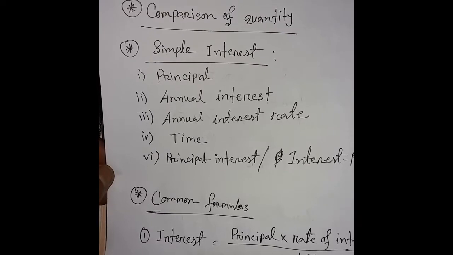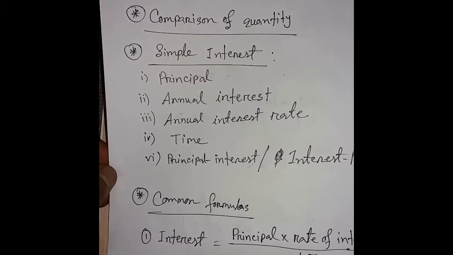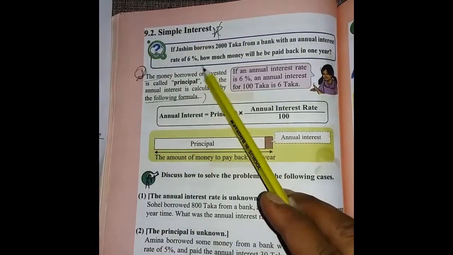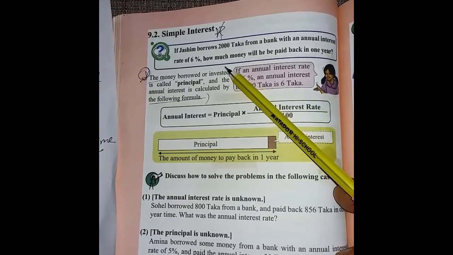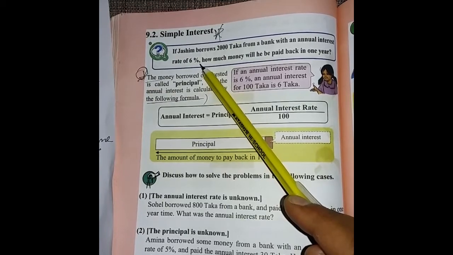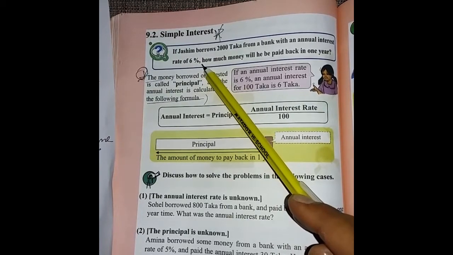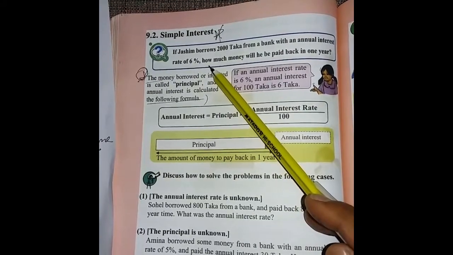Or if you take a loan from the bank of 100 taka, annual interest rate is 6%, then you have to pay back how much? 100 taka as principal, and you must pay the interest of 6 taka, right? For 6%, I mean 100 taka, 6 taka, then you have to pay back 106 taka. 6 taka interest and 100 taka principal.